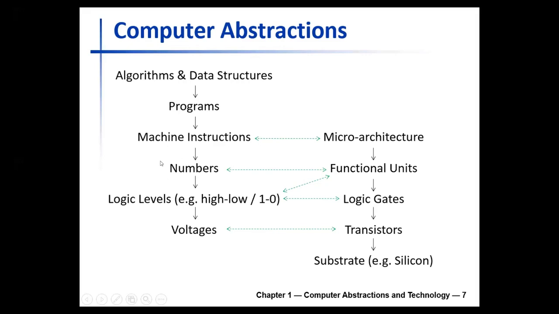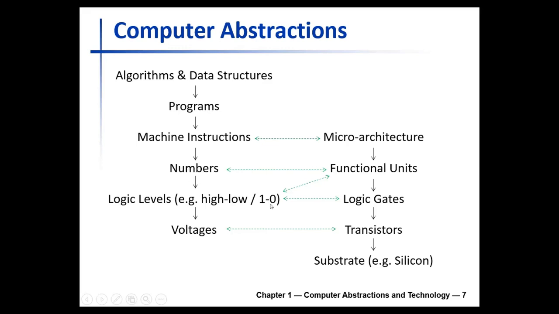So numbers represented inside a computer are a collection of logic levels. Numbers we represent as strings of binary digits, right? So the strings of binary digits are collections of logic levels, right? High and low, or 1 and 0 logic levels. If we put a series of logic levels together, we can represent a number and give meaning to that number.